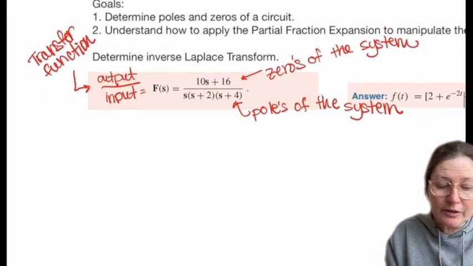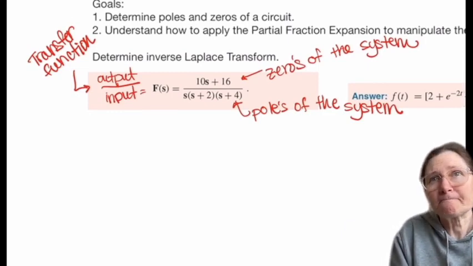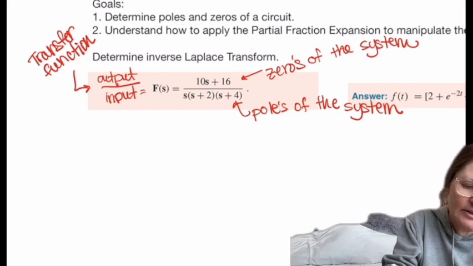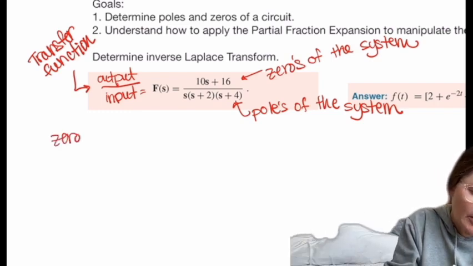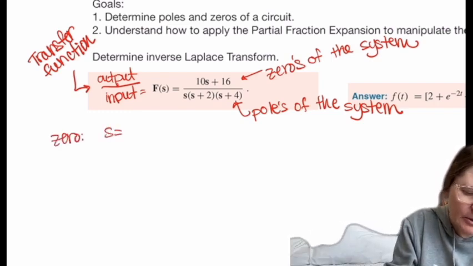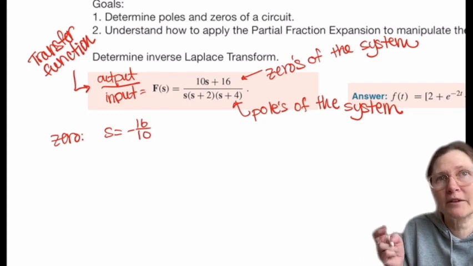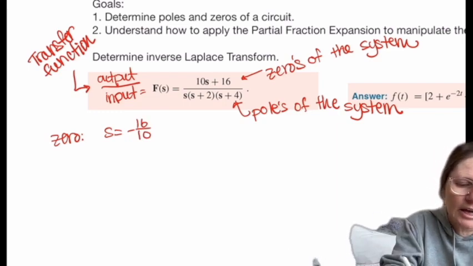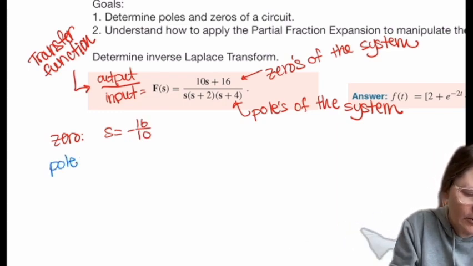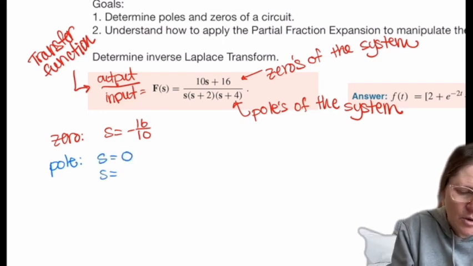The zero of the system is where that root is at 0. So in this case, your zero will be at s equal to minus 16 over 10. And then you're going to have poles, one at 0, one at minus 2, and one at minus 4.